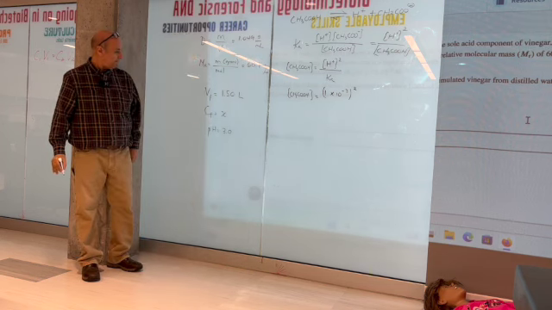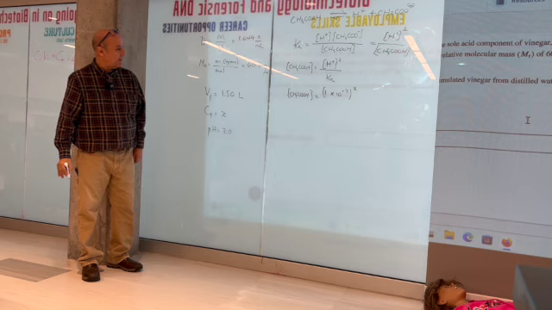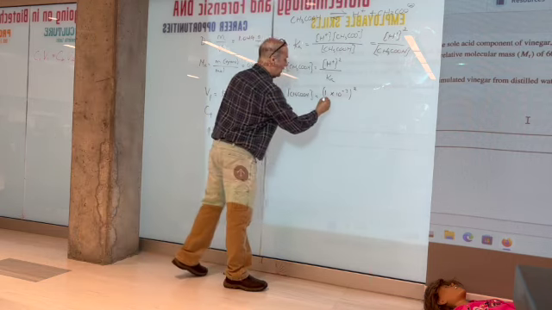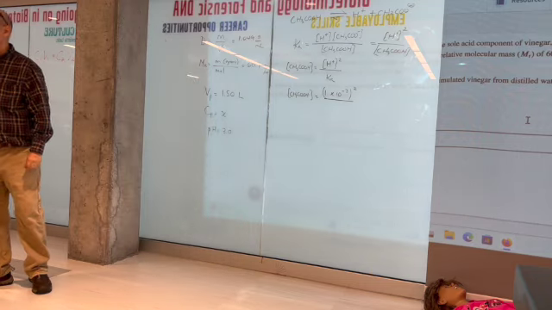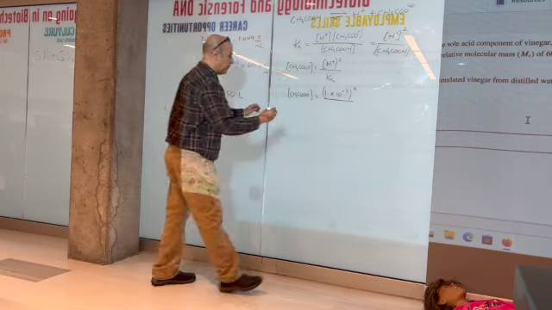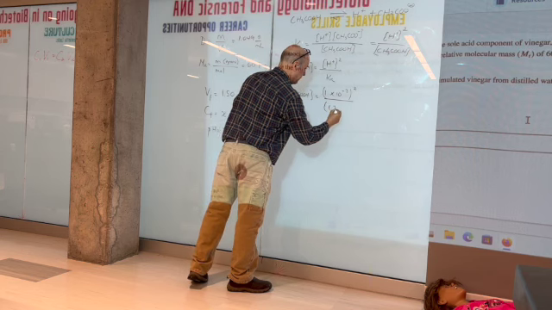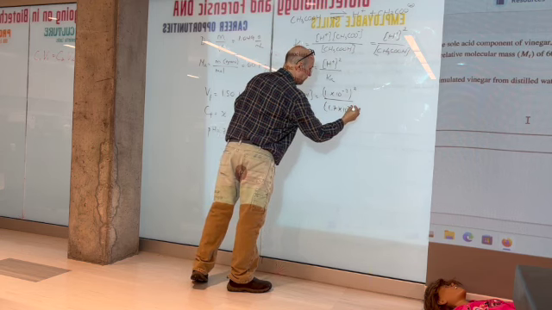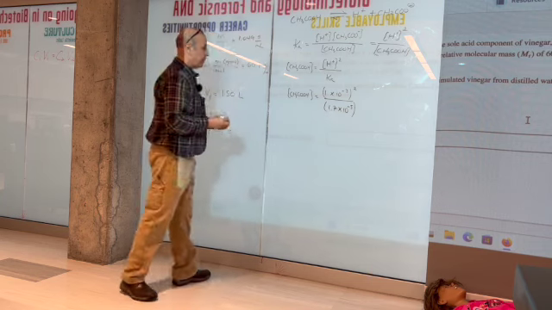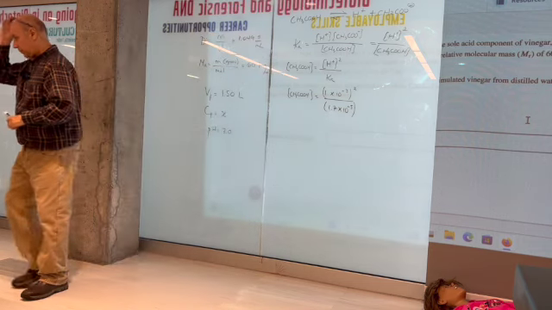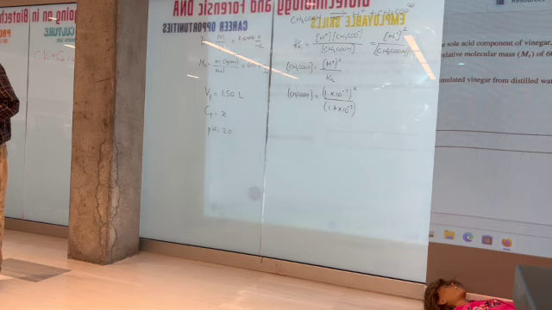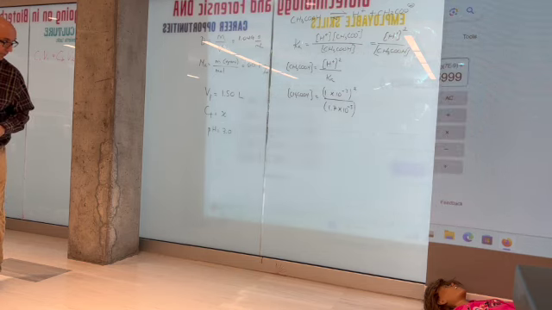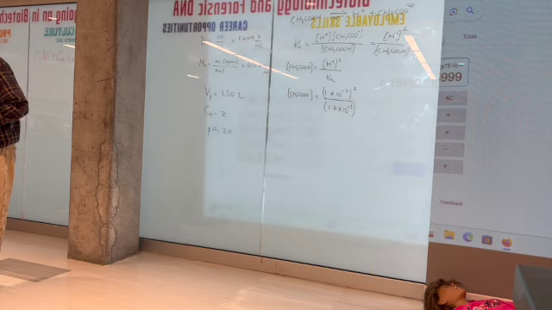Sorry. And again, please keep an eye on my algebra. And then the Ka was given to us as 1.7 times 10 to the negative 5. Let me do that calculation, if I can.